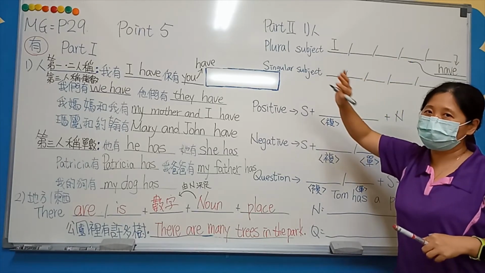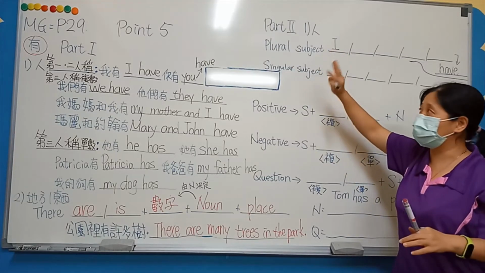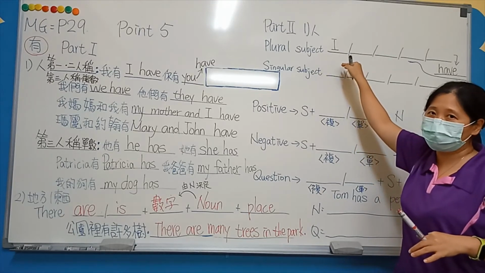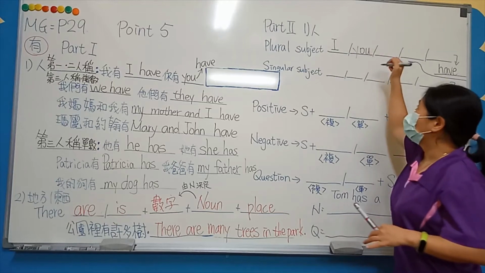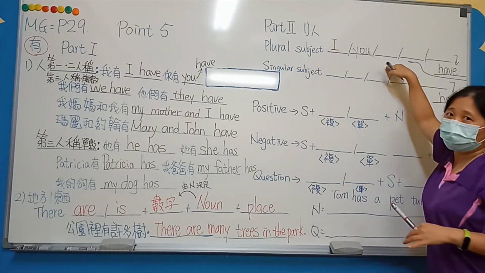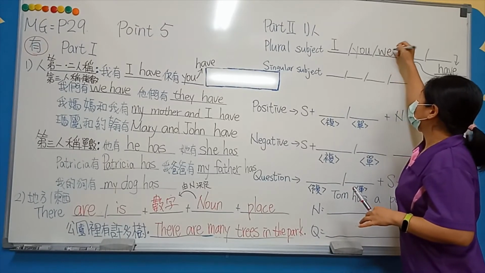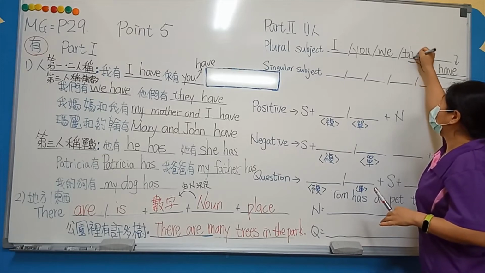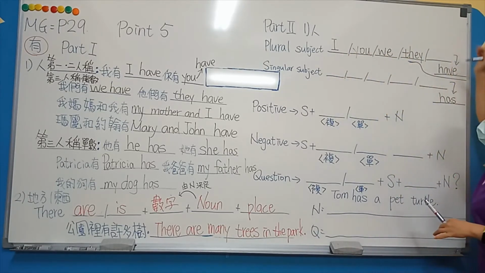So I, the first one. I is singular number one, okay? I know, but we just put this one inside this part. So plural subject, any other? You. I, you, plural. We. And they. Okay, when you see I, you, we, they, you need to use have. One more.